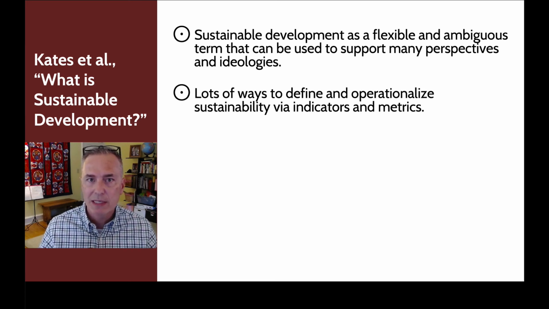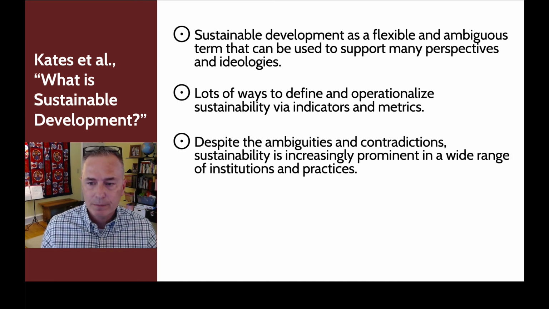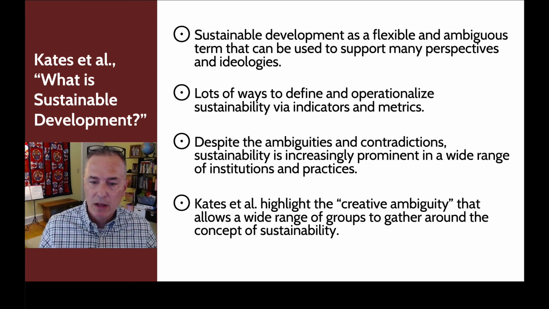But in a lot of ways, sustainable development has become a set of measurements that we can follow. And Cates et al. talk about some of the different ways in which those are implemented around the world and in different contexts. Overall, I think they say that despite some of the ambiguities and contradictions, this term, sustainable development, has a way of creating a big tent that a lot of people can get around.